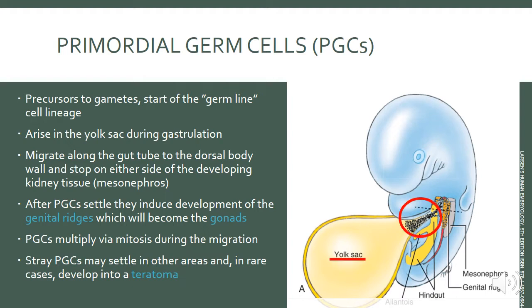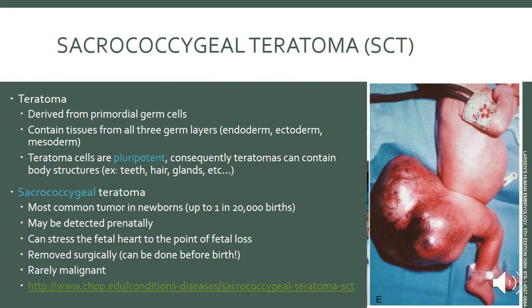Okay, so this is just showing the yolk sac, and these little black dots would be the primordial germ cells migrating, and then they end up at the genital ridges. Now, a teratoma is a tumor, and it's a tumor derived from primordial germ cells, which makes it a very interesting tumor.